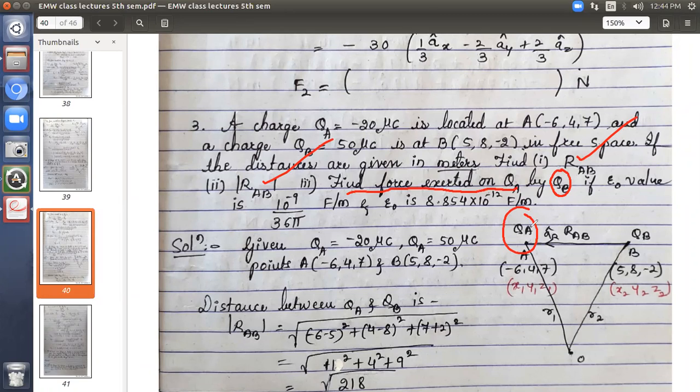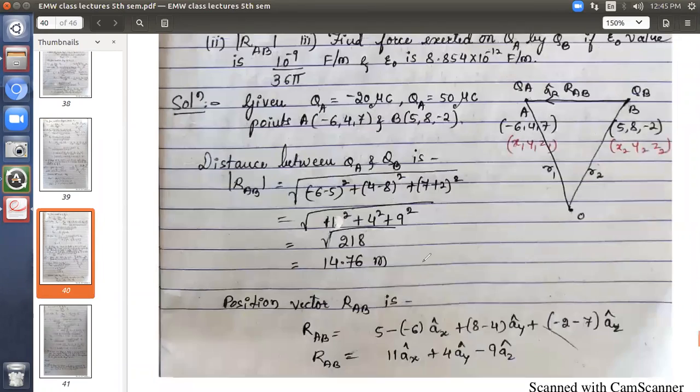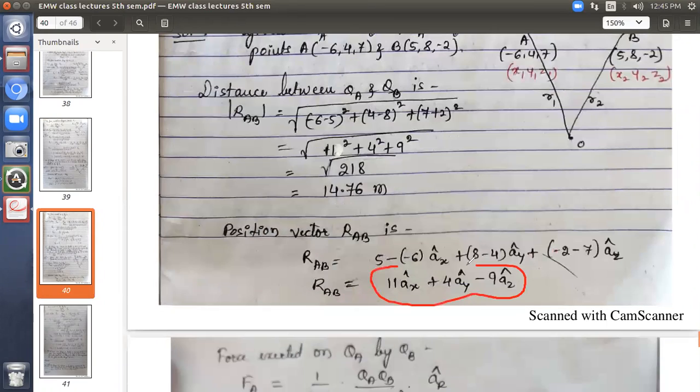So QA will experience a force because of charge QB. Similarly, QB will experience a force due to the charge QA. The question is only one, not both. Find the force exerted on QA due to the charge QB. This much we need to find, only one part. So let's see. Make sure these signs should be changed.